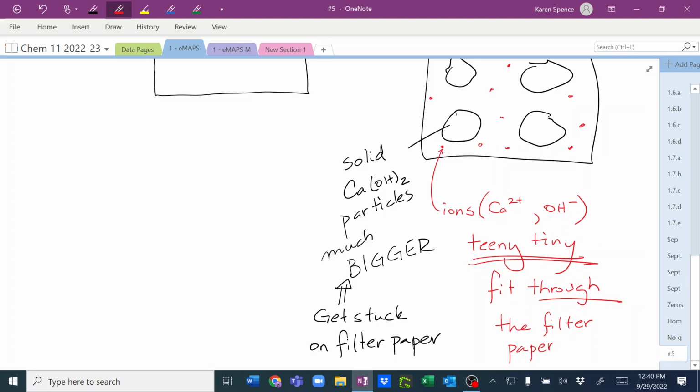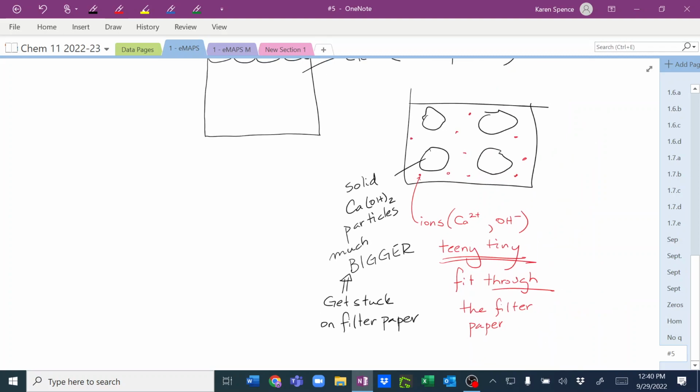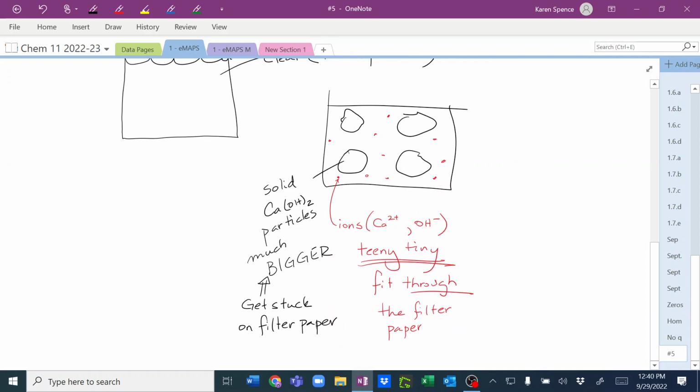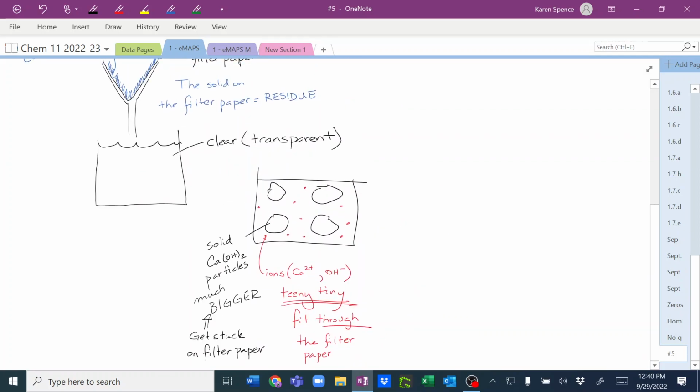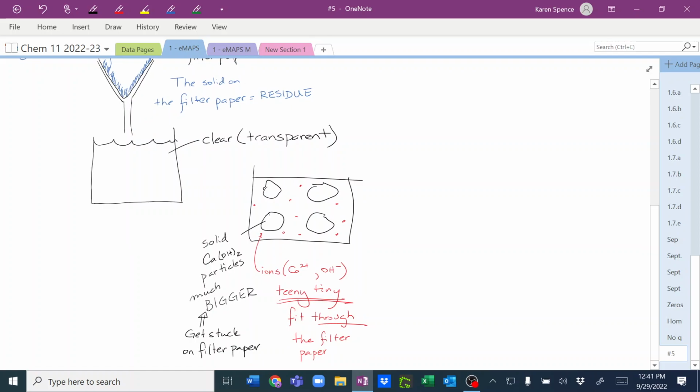Okay, and that means that once we have filtered it, what will actually be in our beaker? There's water and what else? Ions. Yep, so we're going to have our Ca2+ and our OH minuses.